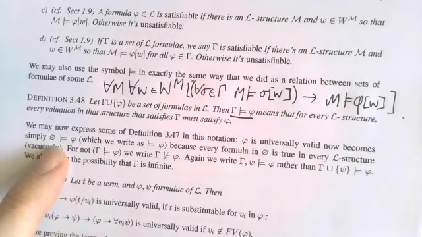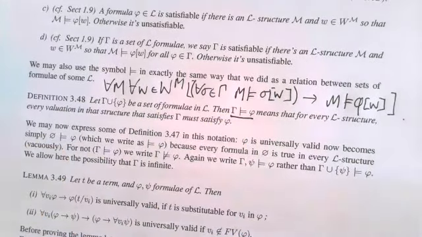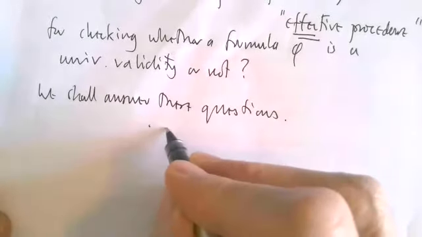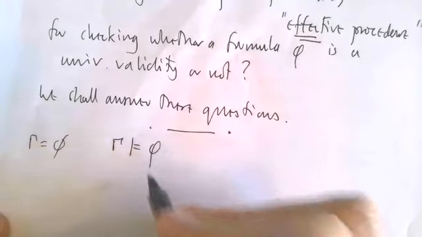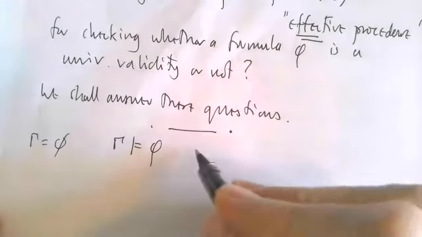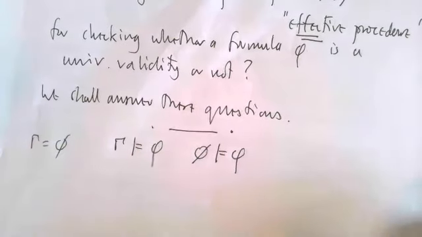So if you then think about what some of these things mean, suppose gamma is the empty set, then gamma turnstile phi is really, well, the empty set, which unfortunately looks a little bit like phi.